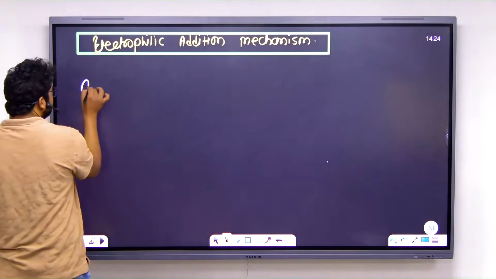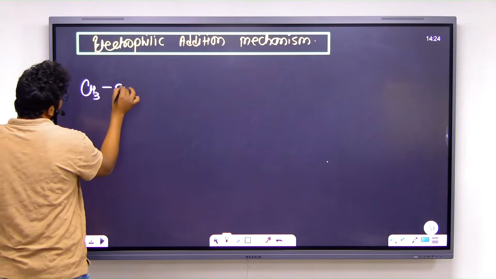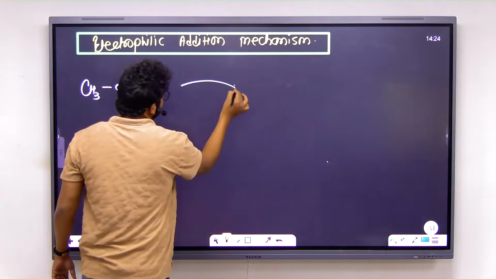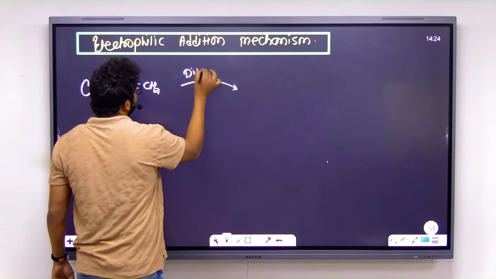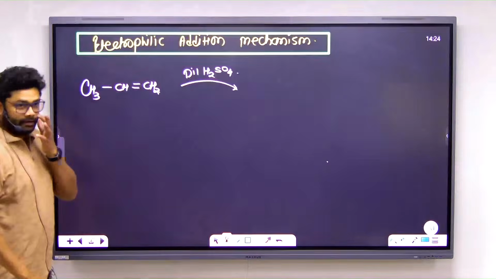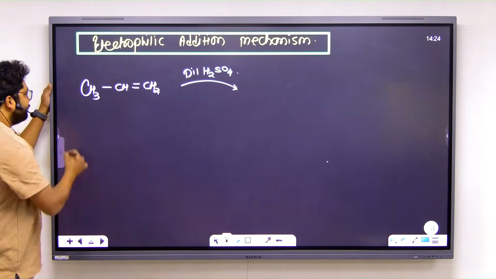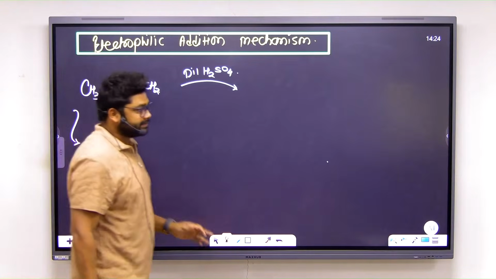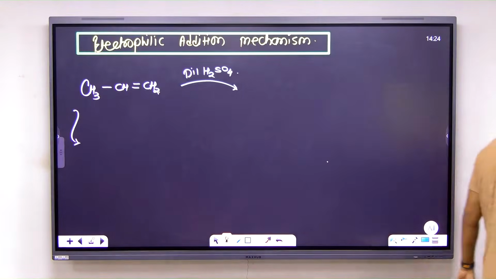Right, here you have an alkene which is unsaturated, meaning it has a double bond. Someone has given you that there is dilute H2SO4 above the arrow, right? So what happens at the first step? Can you guess, Bhavesh? What is the name of the first step when you use the acid in electrophilic addition mechanism?